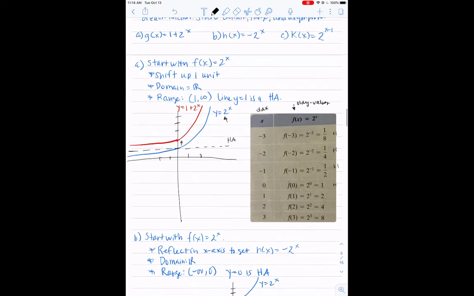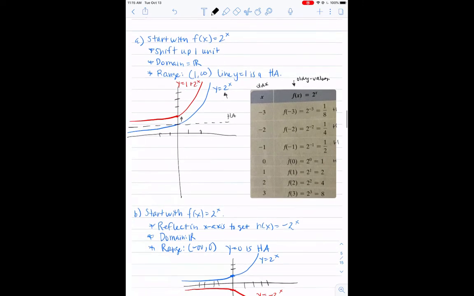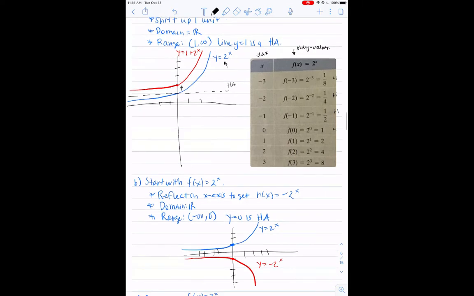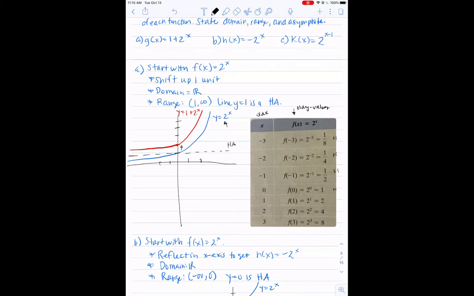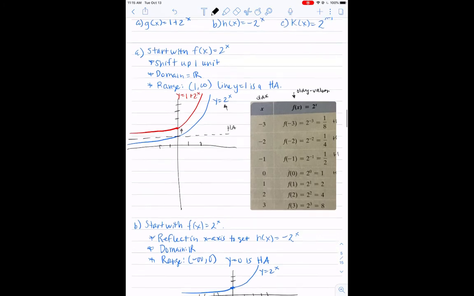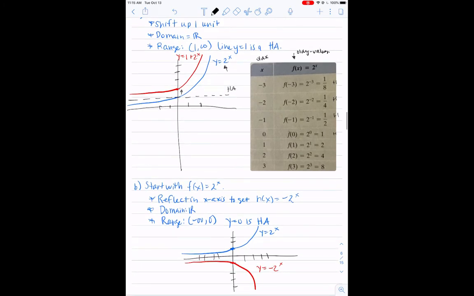Okay. And then for b, we have h of x equals negative 2 to the x. So we start with 2 to the x, and then we're reflecting across the x-axis because we have our negative on the outside to get h of x equals negative 2 to the x. And here we're going to be multiplying our y values by negative 1 because we're flipping across the x-axis, the reflection.